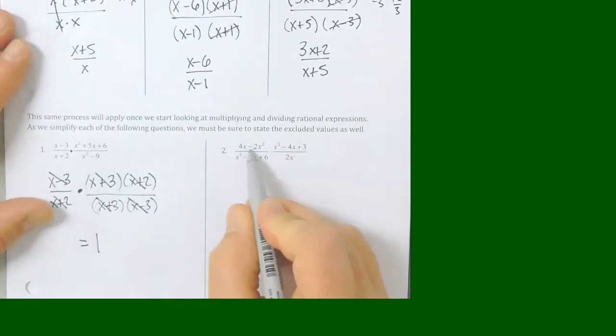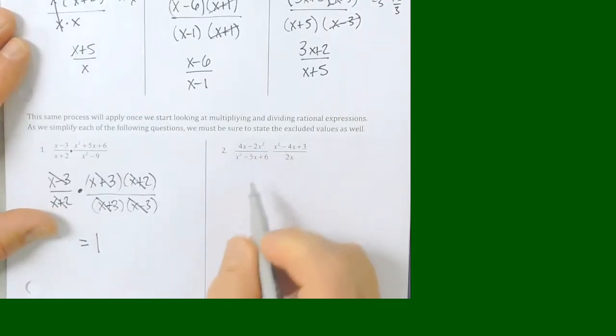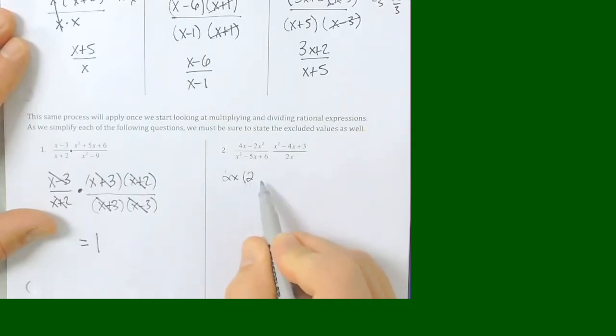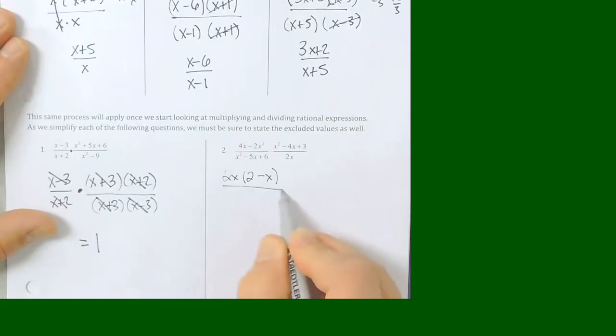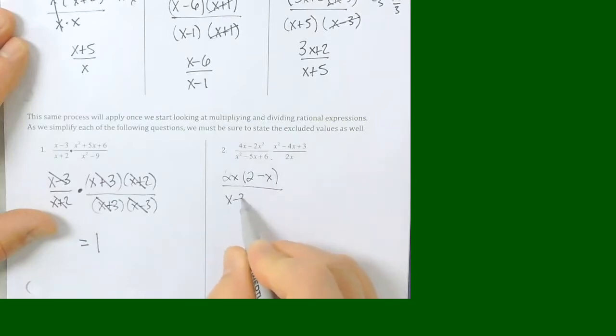So if we factor out from the first one a 2x, that will leave us with 2 minus x. I factor x squared minus 5x plus 6: x minus 3, x minus 2.